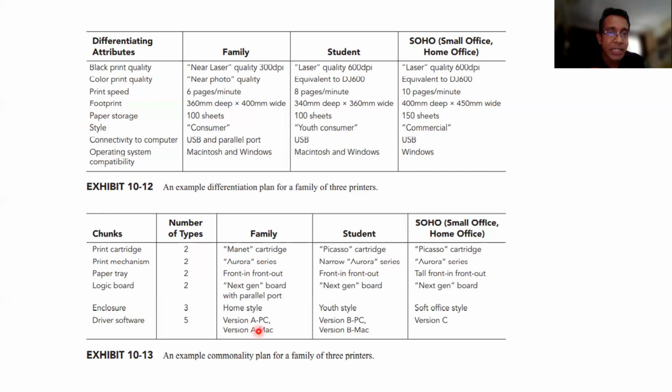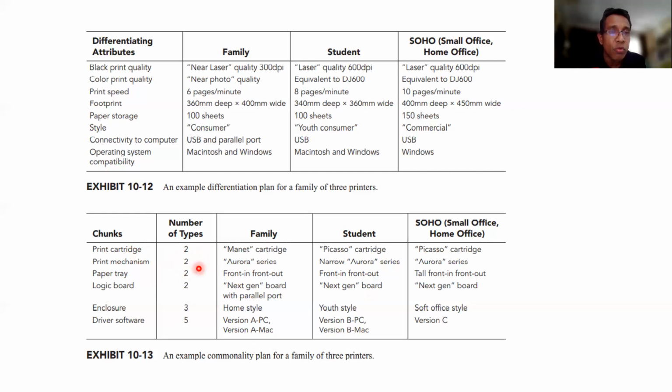For the commonality plan, you can see here they have a number of types, and the targets for families, students and small office are similar, but they have common parts for the printer cartridge. They have a common printer mechanism.